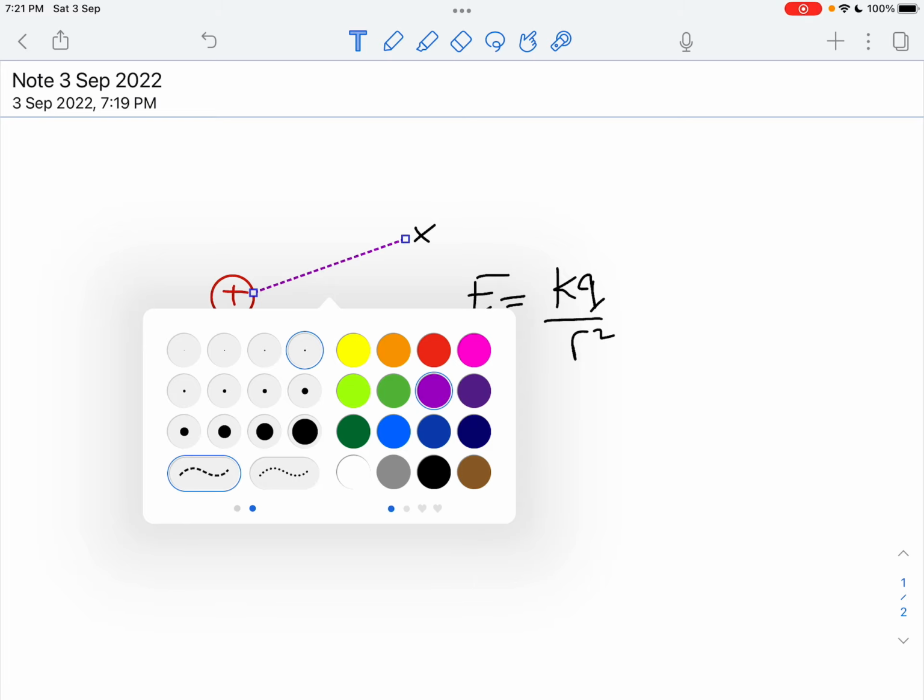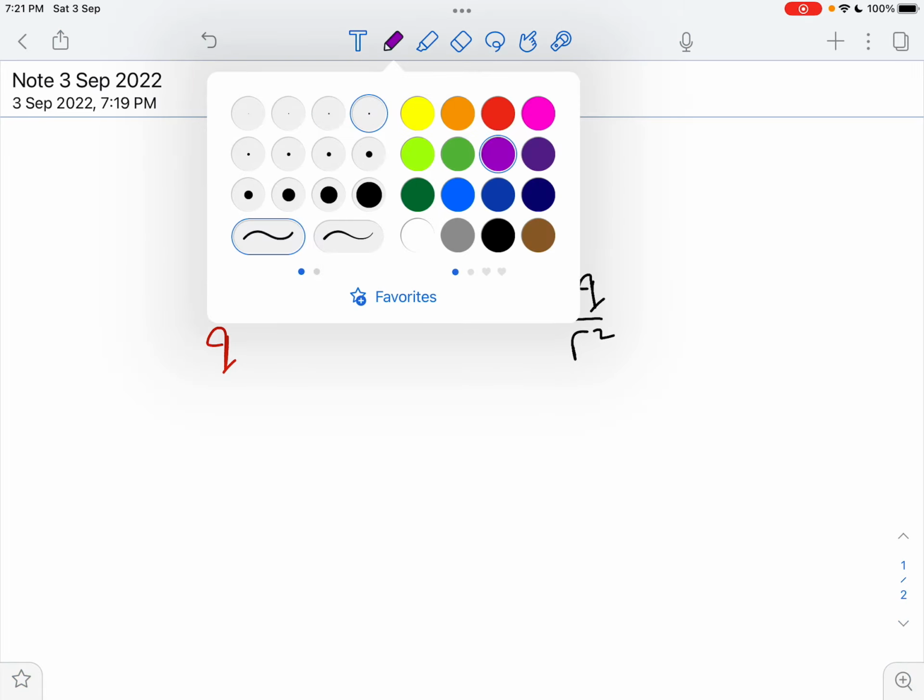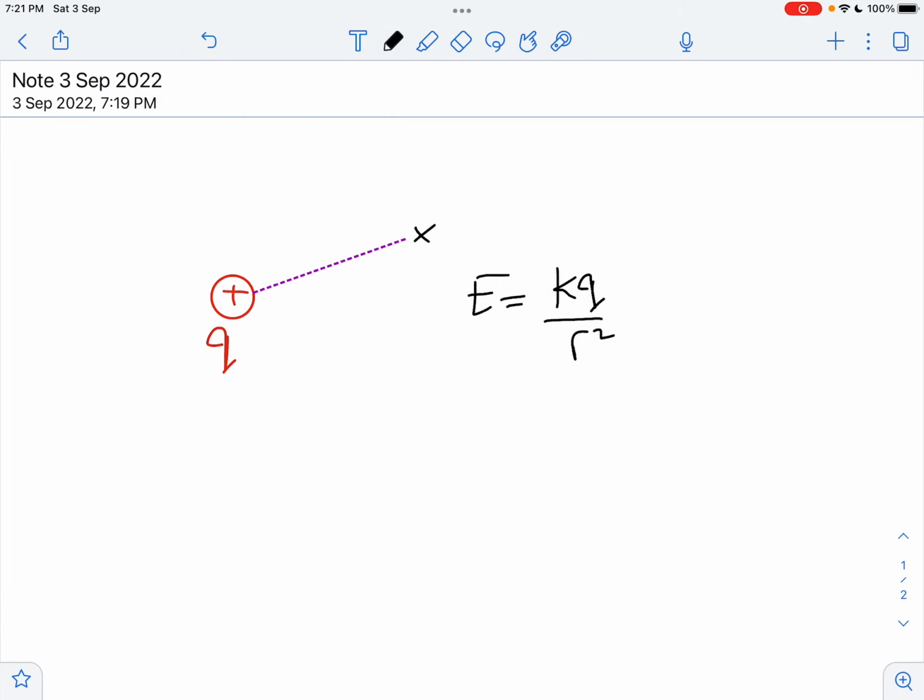That's the magnitude of the electric field, KQ over R squared, an absolute value, because we're talking about the magnitude.